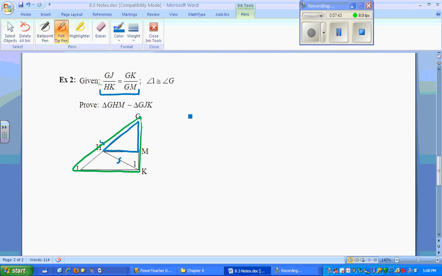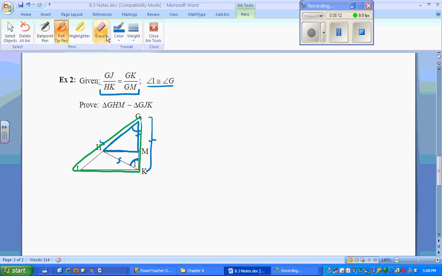So this side here is not part of the triangle I want. And then I got GK, the big side, similar to GM. Well, those are good. What I ultimately want is GJ similar to HG, because then it helps me out. And then I also have these 2 angles congruent from the given information.